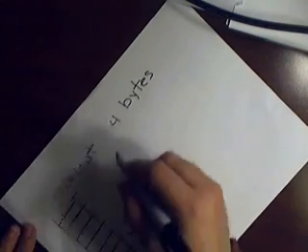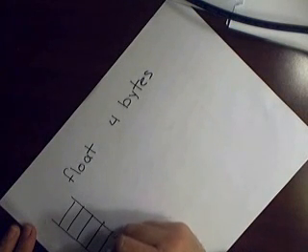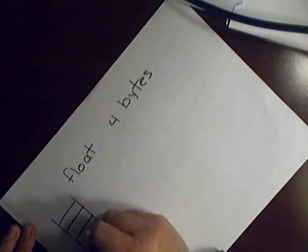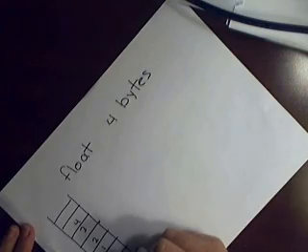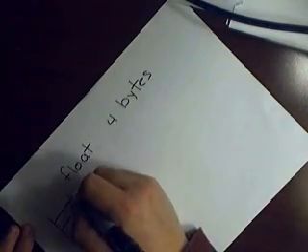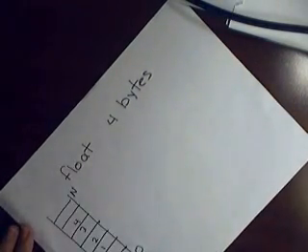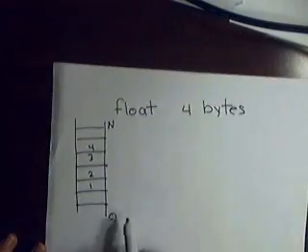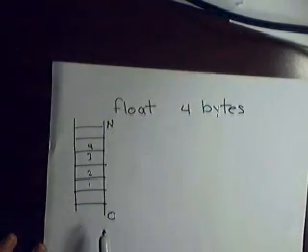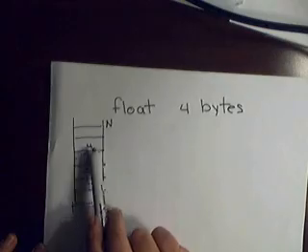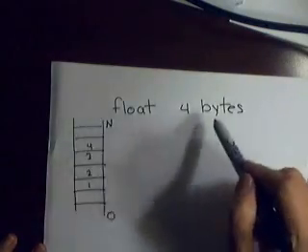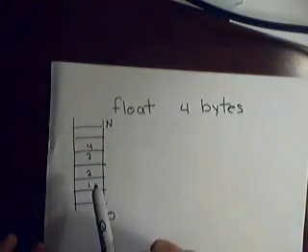Over here is address 0, over here is address n, of memory. So for a float we're going to be consuming 4 bytes to store a data object of type float.